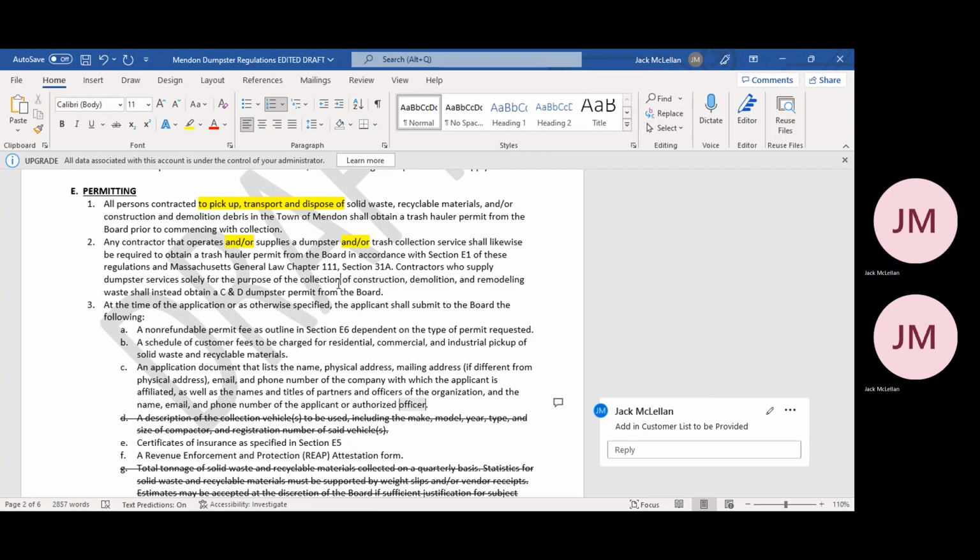Well, that's how they want to define themselves, right? I don't know if that's too much.